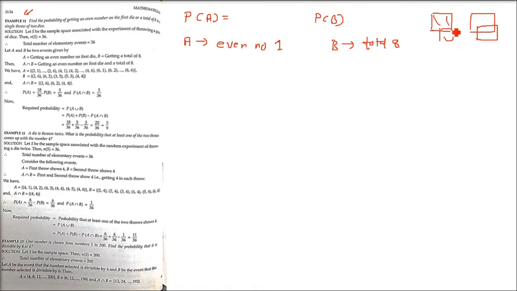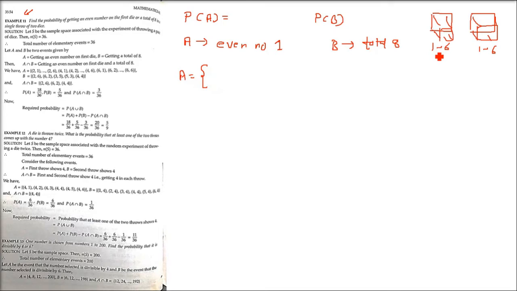So there are 2 dice. One will give you a number from 1 to 6. Another will also give you a number from 1 to 6, because these are fair dice. So let us see what the sample space will be. First, before getting to this, let us see A. A will always have an even number on the first die.